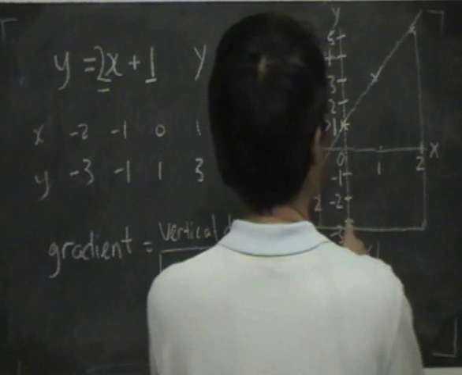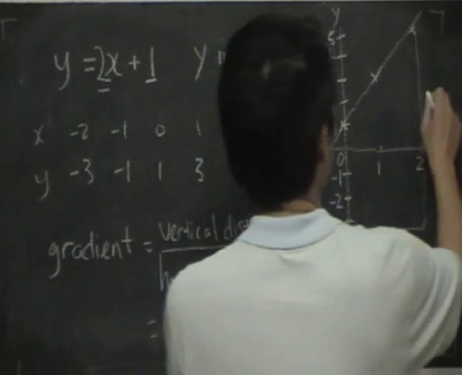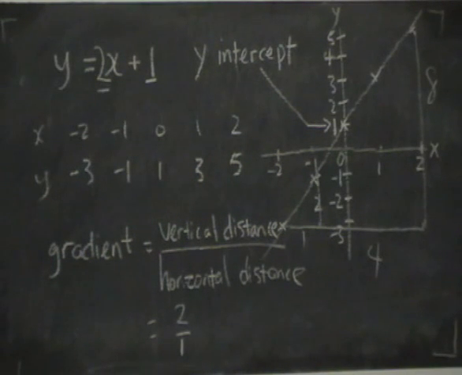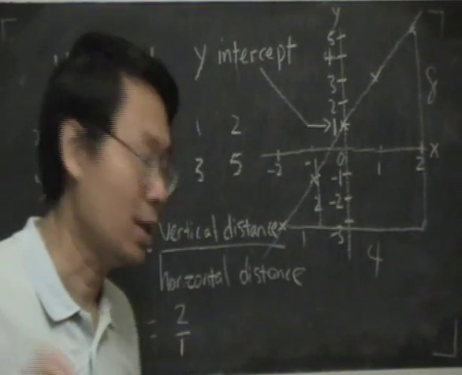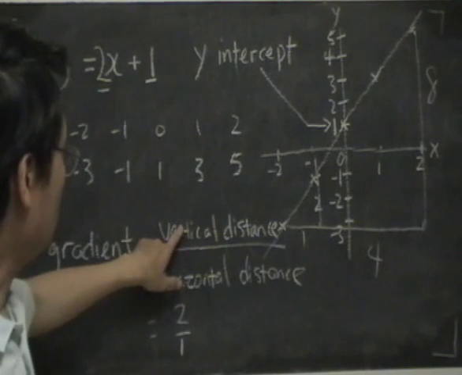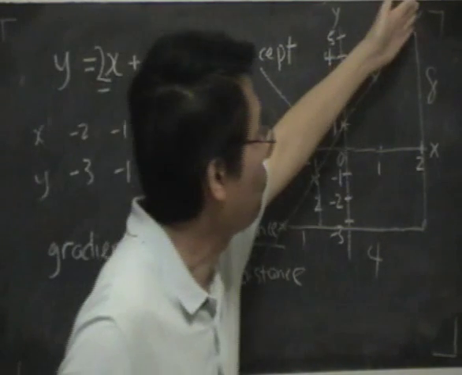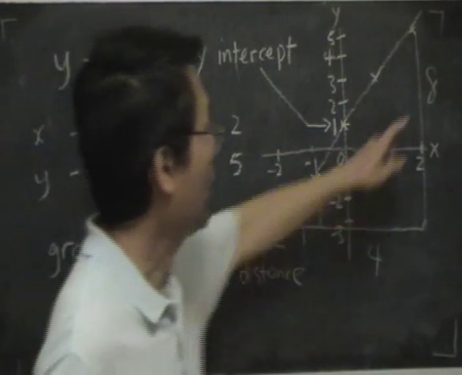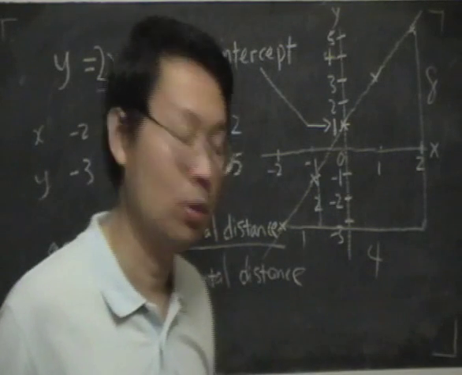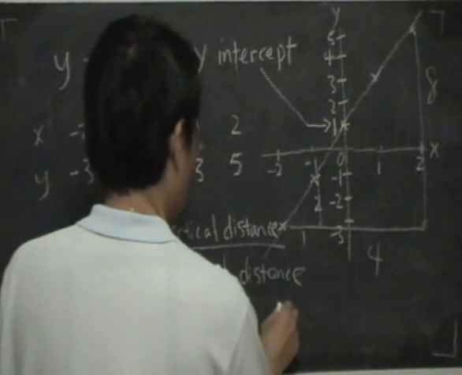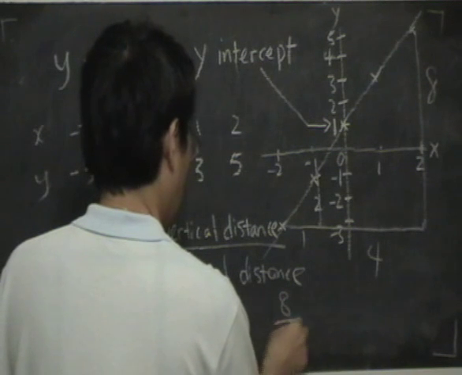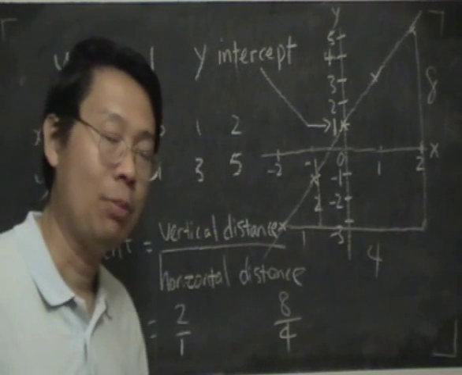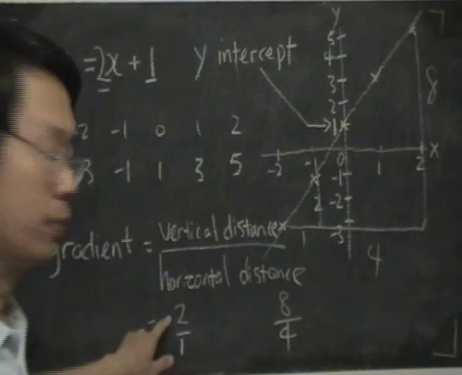That would be -3 to 5, that's 8. Can I use those distances? Let's try that. Vertical over horizontal. So the vertical is 8, the horizontal is 4. So I have 8 divided by 4, and 8 divided by 4 is 2. They are equal.